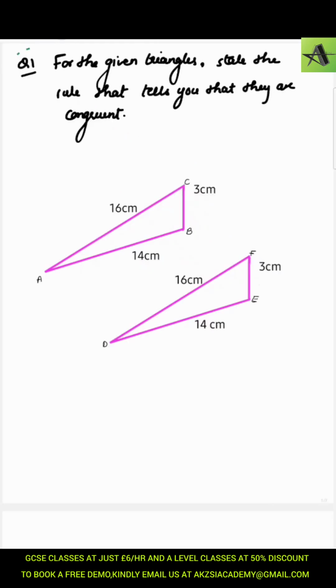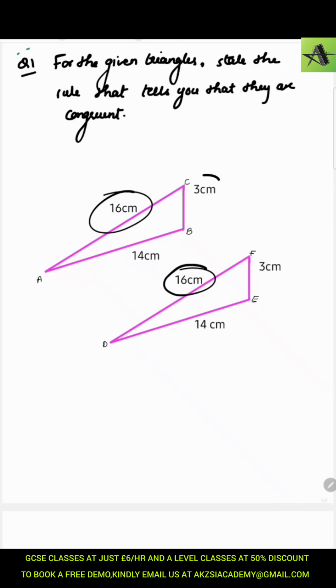Question one says, for the given triangles, state the rule that tells you that they are congruent. That means we know that they are congruent, but we have to tell which of those 5 rules we can apply here. Looking at the corresponding sides or angles, clearly no corresponding angle is mentioned, but the sides are there. 16 and 16 are corresponding sides, so one corresponding side is equal, check.